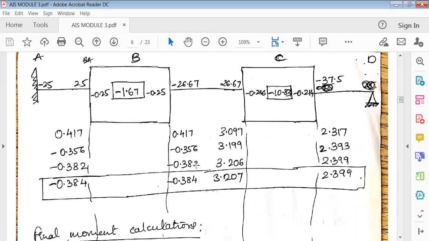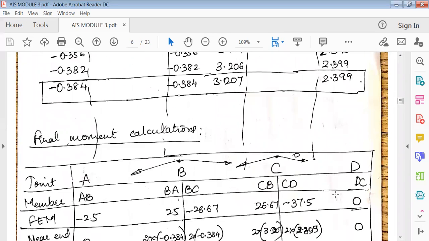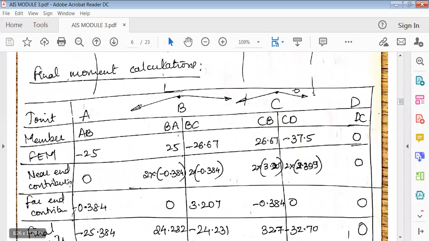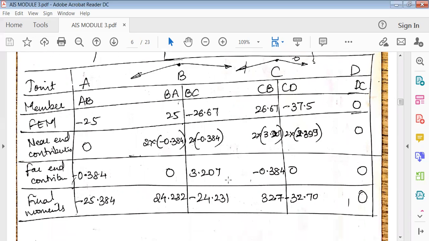Next CB, so 2 into 3.207, 2 into 3.399. Write it here. So always the near end contributions are twice, so multiply it with 2. Rest becomes 0. Only BA, BC, CB, CD become twice, and rest all is 0.